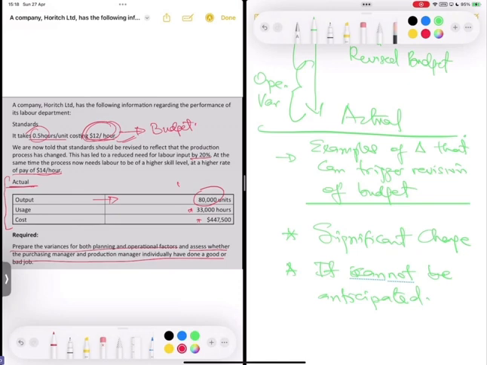Maybe a supplier is being liquidated and you couldn't have anticipated that, or you didn't see any sign. Then you can make changes to the budget, but still you can't make it as a manager. Senior managers, bosses, have to make those changes. And that is the only reason why you need to consider revising your budget. Okay.